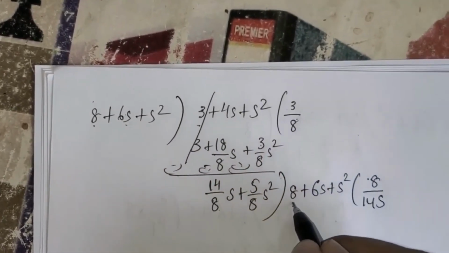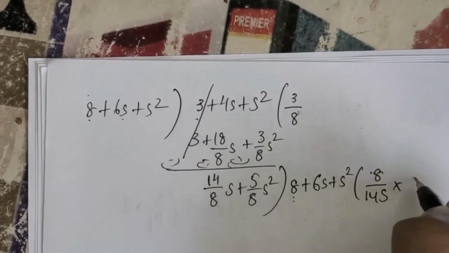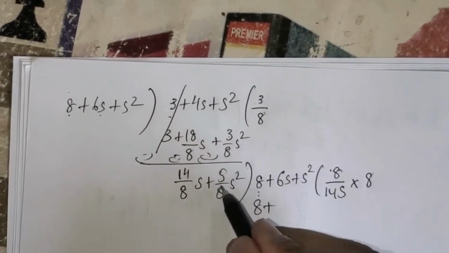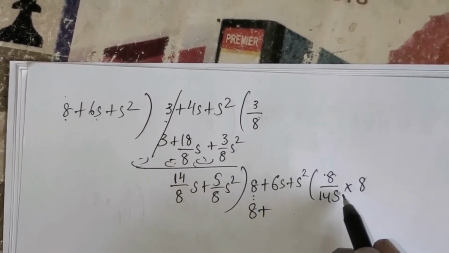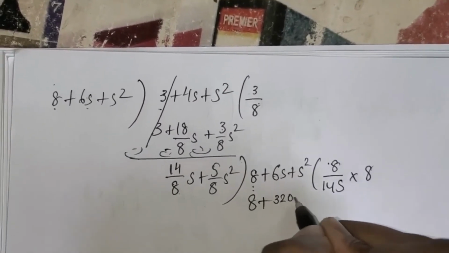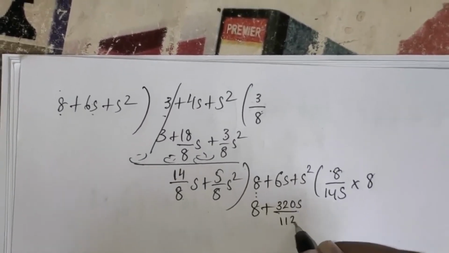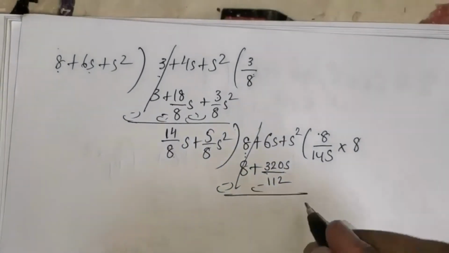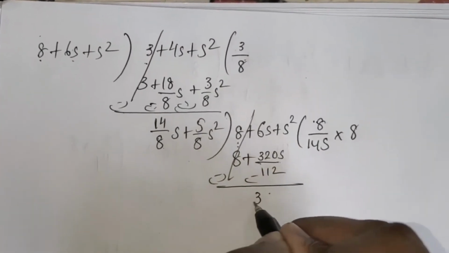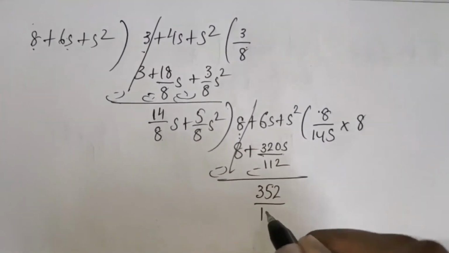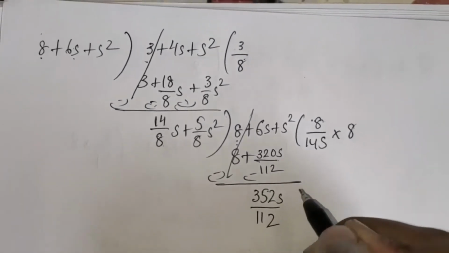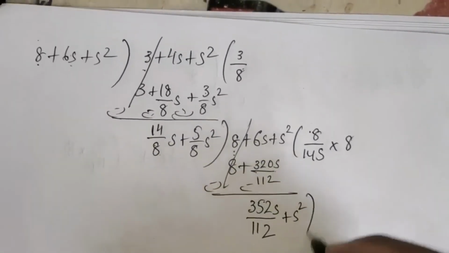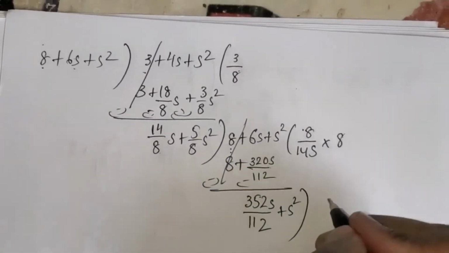Instead of that, I want here 8, so I'll multiply by 8, and we'll get 8 here. If I multiply, we'll get 320 s by 112. The first term will get cancelled, so this will give you 352 by 112 into s plus s square. Here also the remainder is positive, so the same term will be carried forward.